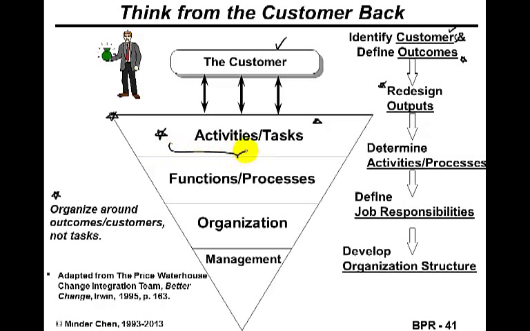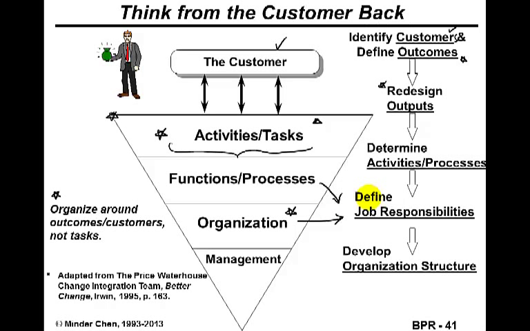Those activities and tasks will be part of the business processes or function within the organization, and those activity and process will be performed by various department or individual within the organization. So they will have specific defined job responsibility.